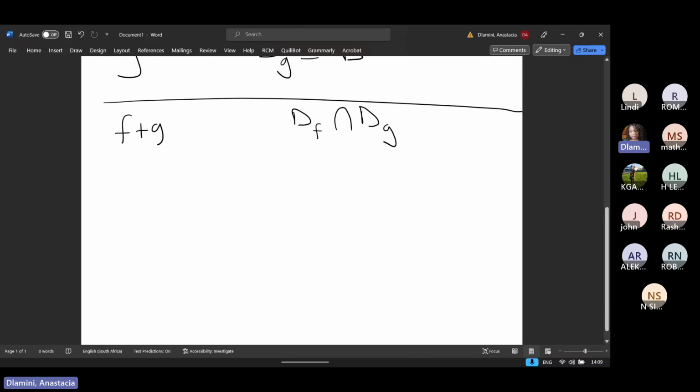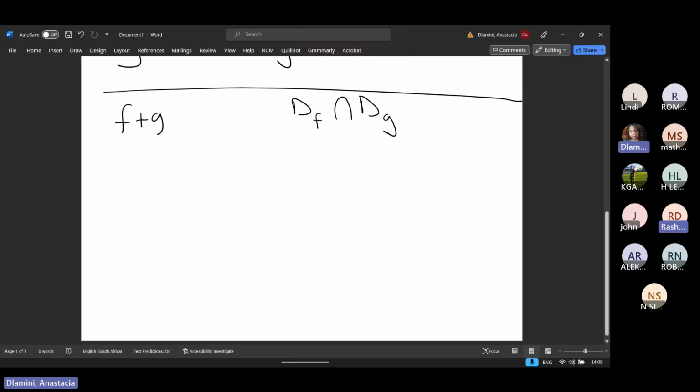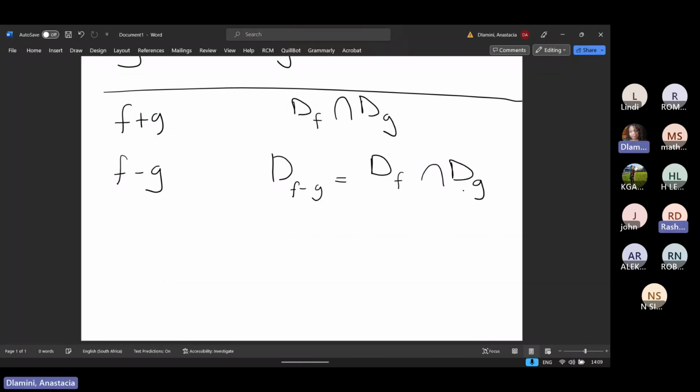Remember, your exam is multiple choice. If you have f minus g, the domain of f minus g is also equal to the intersection of the domain of f and g.